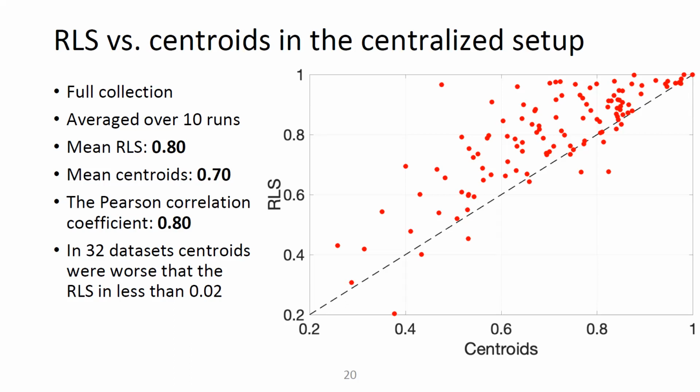At the same time, it is worth noting that there were numerous datasets in which the accuracies were very close, with a difference numerically less than 0.02. So, in other words, for approximately a quarter of the datasets, the centroids classifier was indeed a viable option. And while the centroids are very simplistic, the classifier can still be seen as a useful approach.